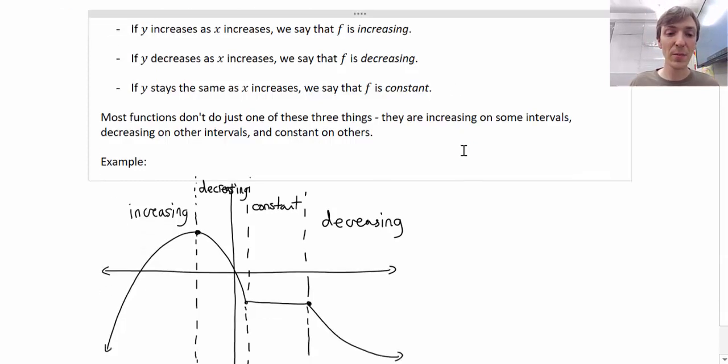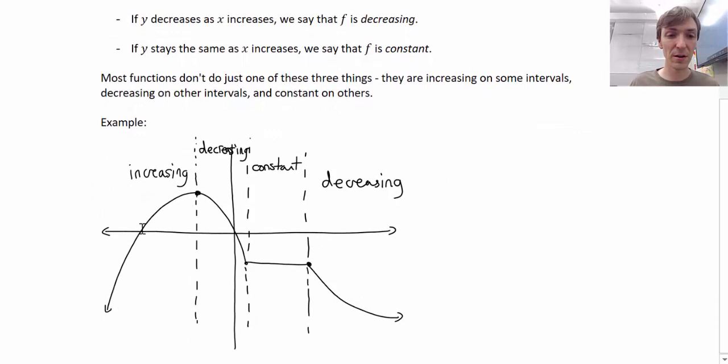Okay. So for example, I've drawn a graph of a function here. Kind of a weird piecewise function, it looks like. But we can see that it starts out by increasing. That's because as x goes up, as I move to the right, I'm always imagining that I'm moving to the right. As I move to the right, y is going up.